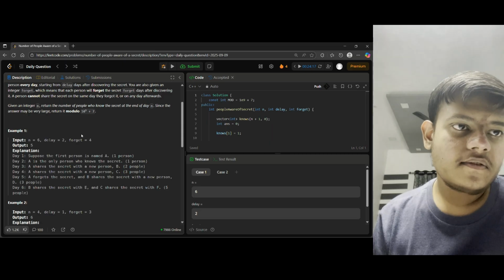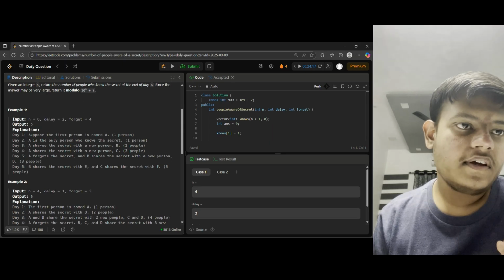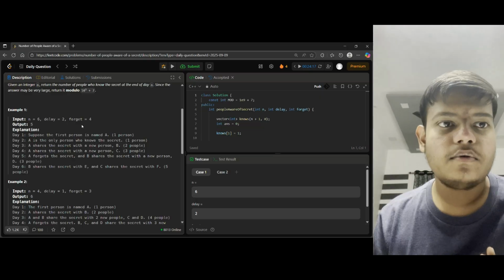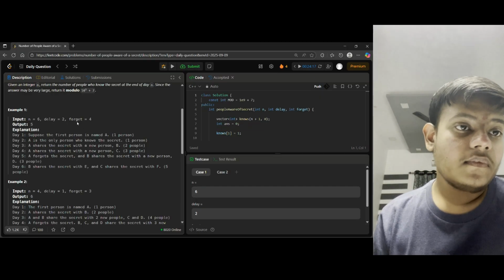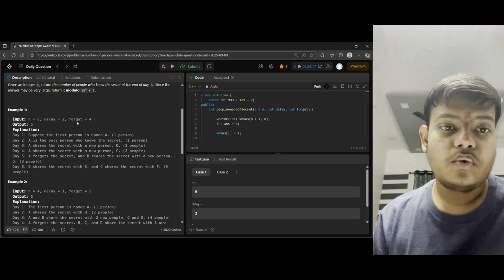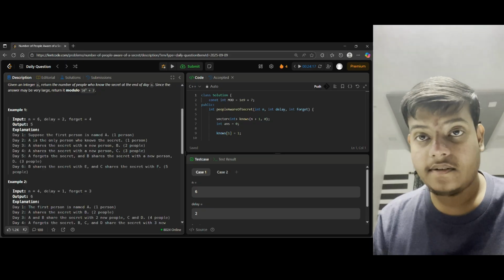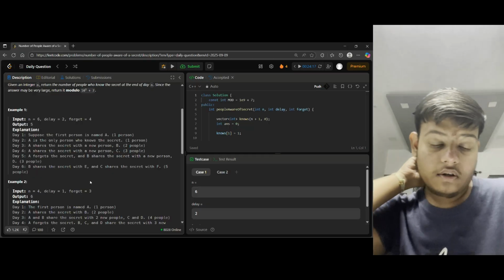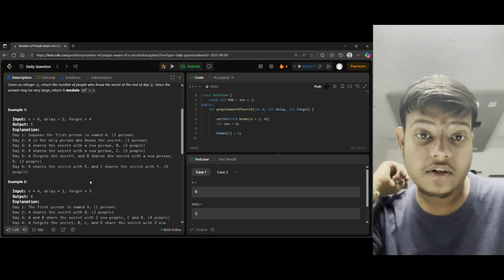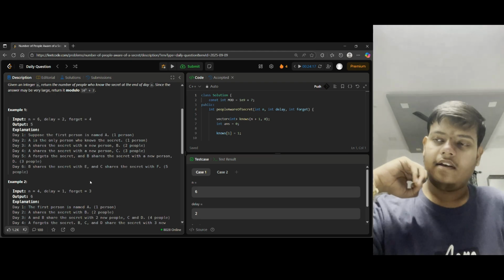So n is equal to 6, delay is equal to 2 and forget is equal to 4. You can think, as I said, at day 1 only one person knows this secret.